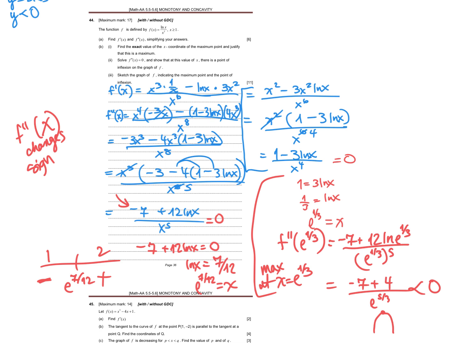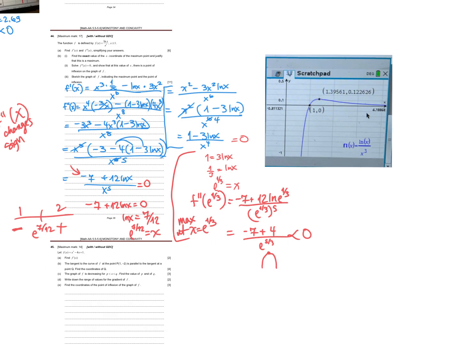Okay, so now sketch the graph of f indicating the max and the point of inflection. Okay, so you see I've got the x-intercept. We should put on there x greater than or equal to 1, so actually none of this counts.